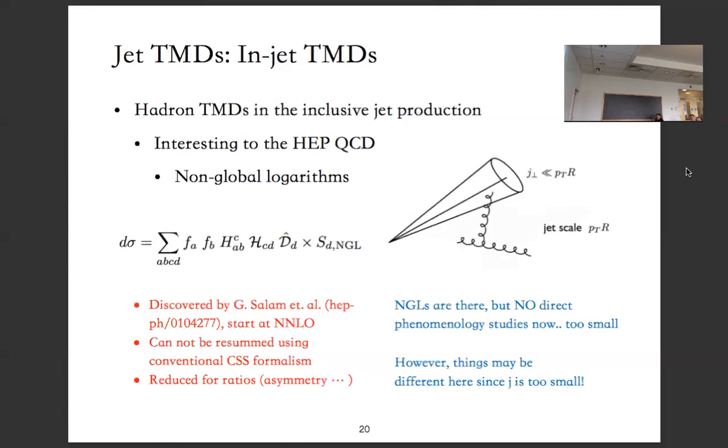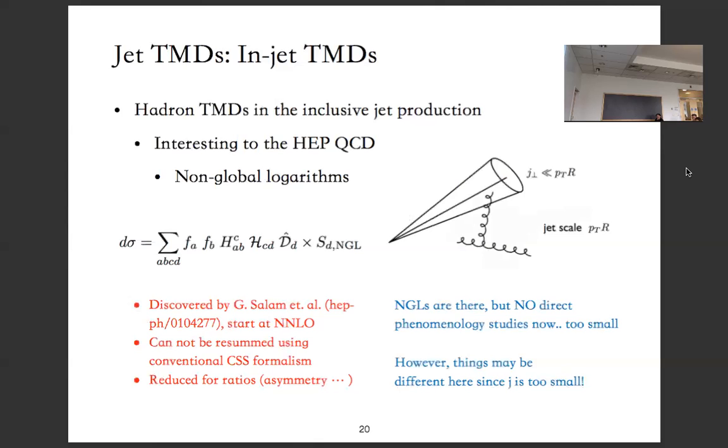So that's called non-global logs, in the sense that they cannot be captured by the conventional resummation procedure. But for the leading non-global log, it's more or less just an overall factor. Therefore, for ratios like the asymmetry I just talked about, the effect should be very small, because for the ratio it pretty much goes away.